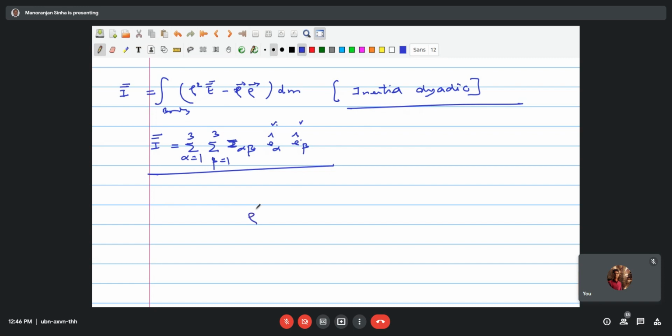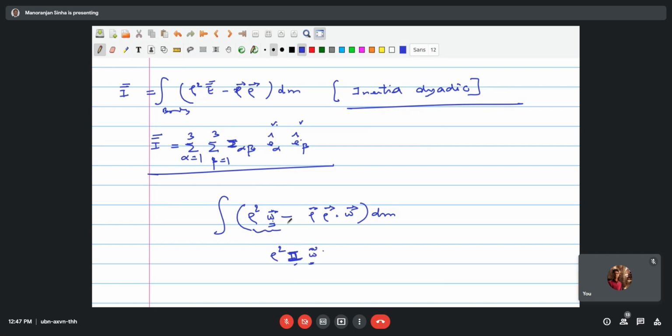matrix notation, so rho square omega minus rho dot omega rho, dm. This we can also write in this way, rho square. Now this omega in the vector format you can write here, and this is not inertia but a unit matrix, and now it becomes tilde.